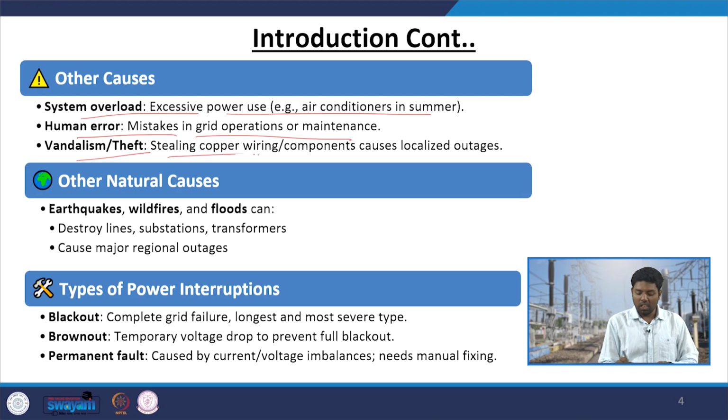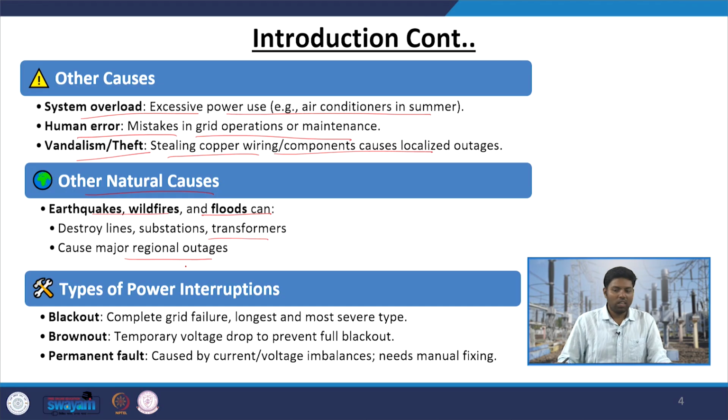Vandalism or theft, stealing copper wiring components, causes localized outages. Other natural causes like earthquakes, wildfires and floods can also destroy the lines and substation transformers and cause major regional outages. How they are affecting, we will see in our next module, that is the resiliency module.